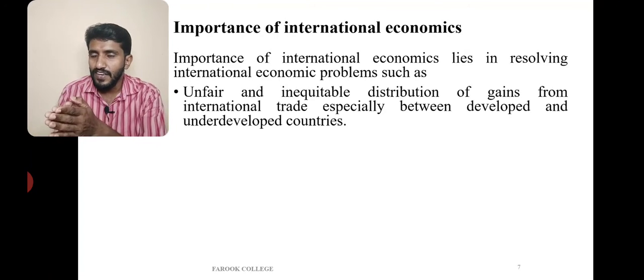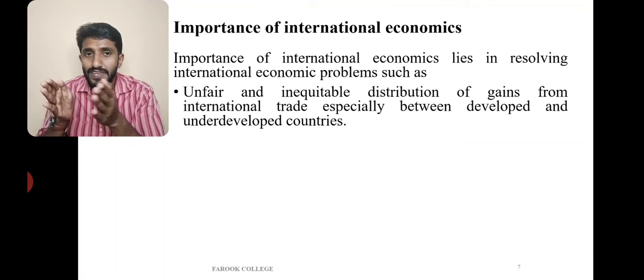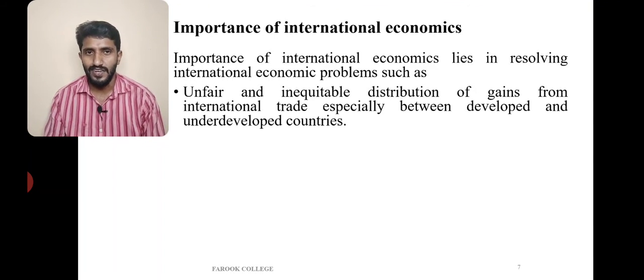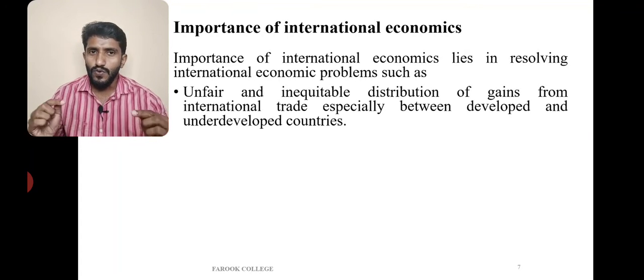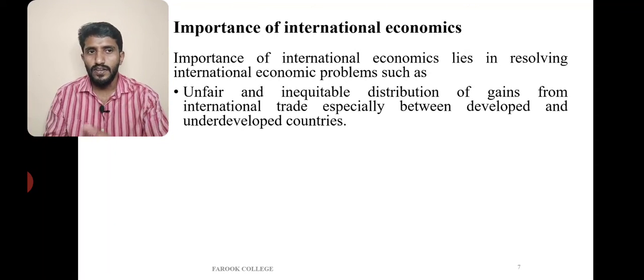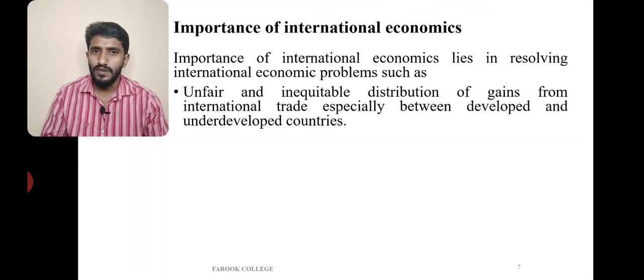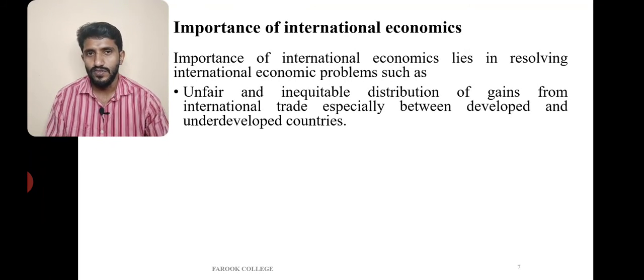Some of the less developed nations are not much benefited through trade. There is a debate in this aspect that we will be covering in the future. When this inequitable distribution and unfair gain became the practice, the scope of international economics increased.